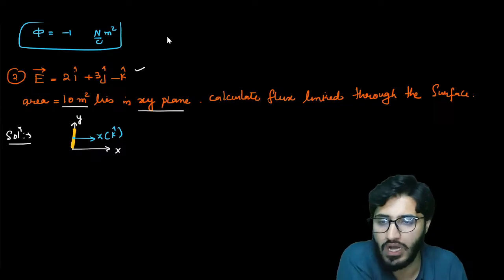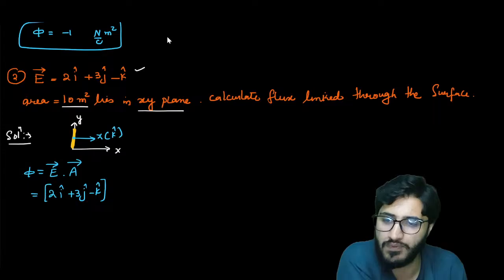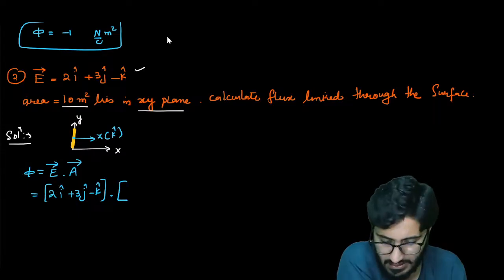So how do we get it now? Phi is equal to E dot A. E is 2i cap plus 3j cap minus k cap, dot A. What is A?